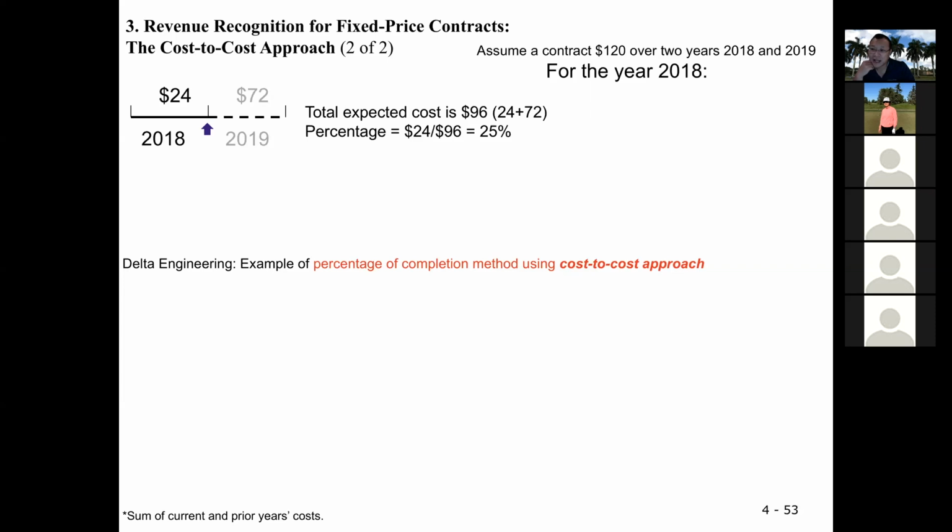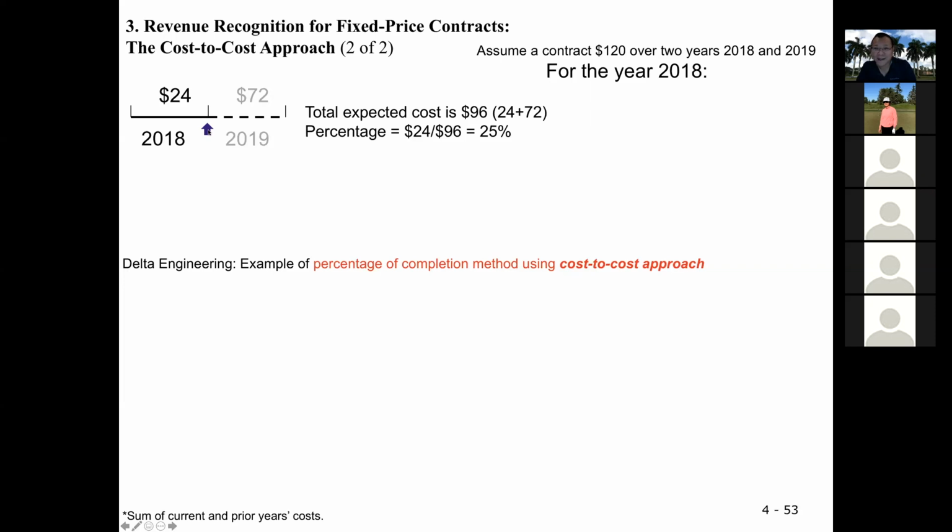At the end of 2018, remember, this arrow is really important. This is the time point when we are doing the calculation, right? This is your best estimate. This is your best judgment at this time point. Does that make sense?